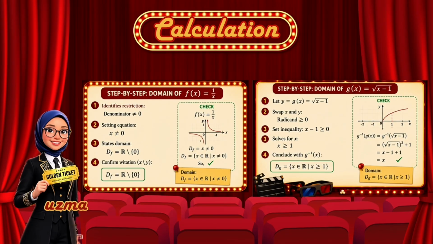Therefore, the domain of g is x any real number such that x is greater than or equal to 1. As shown on the graph, the function begins precisely at x equals 1 and extends to the right.